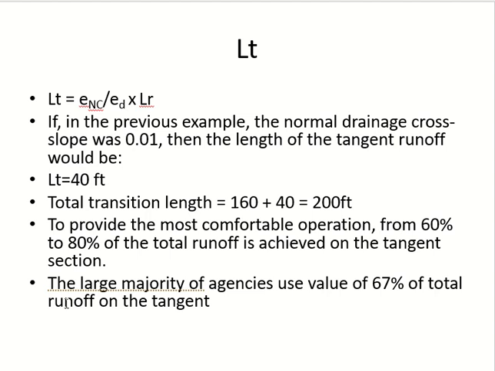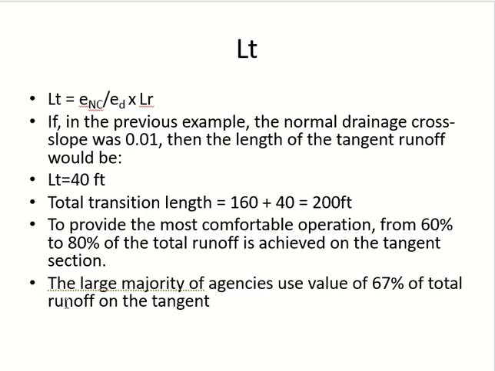So if you apply this to the previous example, super elevation was given, LR you calculated 160, right? So I need the normal slope. Now if the normal slope is 1%, then ENC will be 0.01, ED is 4%, which was given, and LR will be 160 feet.